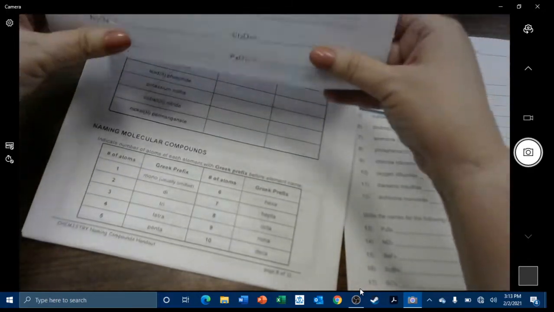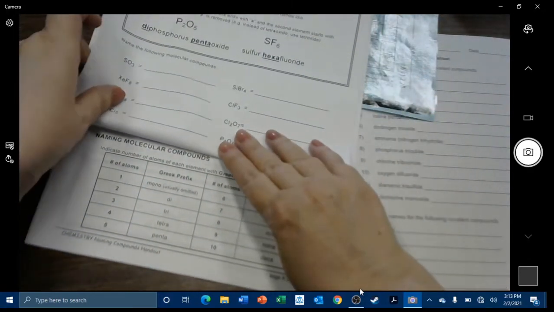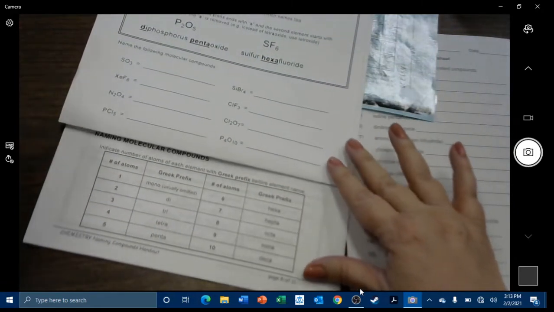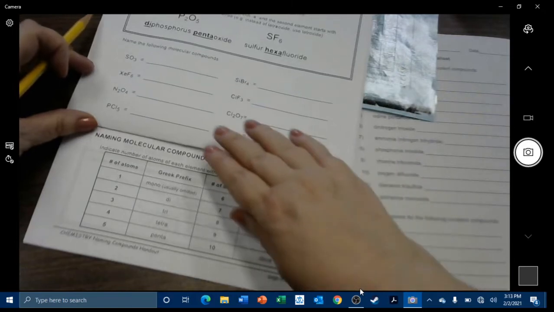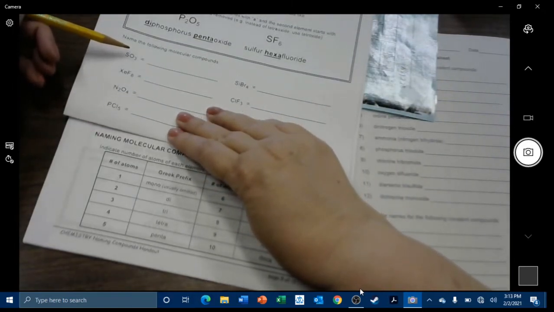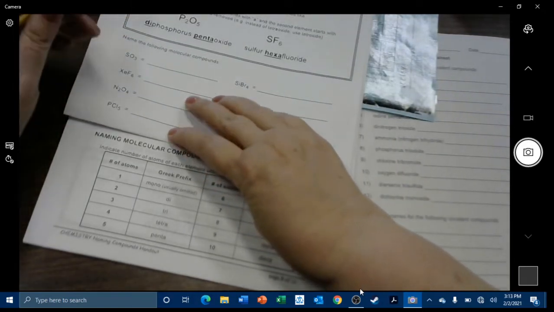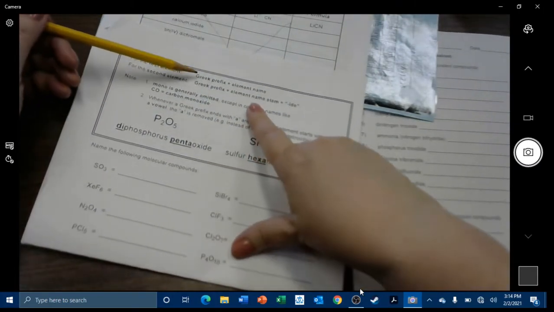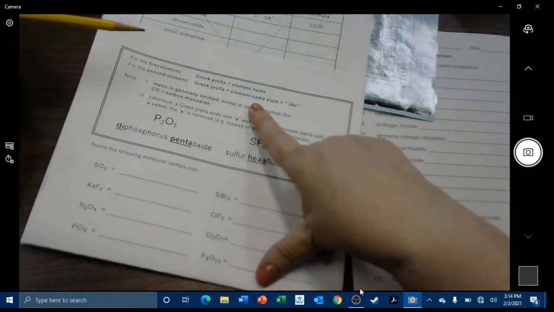It says it right here: you have the first element, the prefix plus the element name.